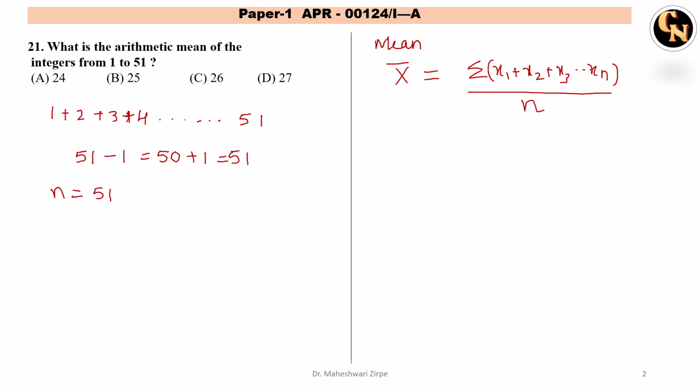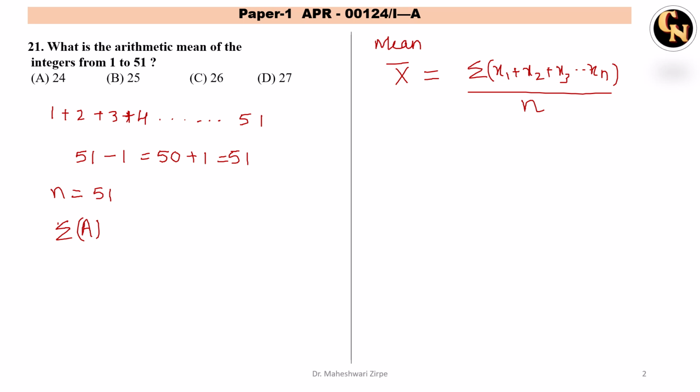Okay, so here n is 51. Now you have to add all those numbers, that is 1 plus 2 plus 3. Instead of doing it this way, we can use a simple formula to find the summation of these numbers. Let us label it as a.